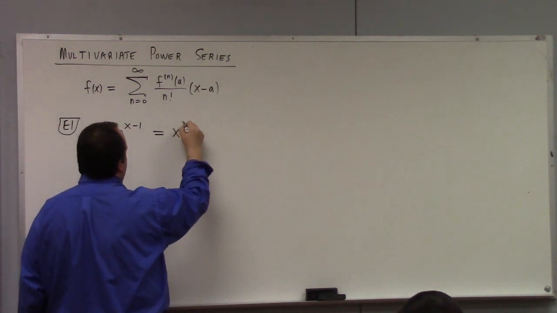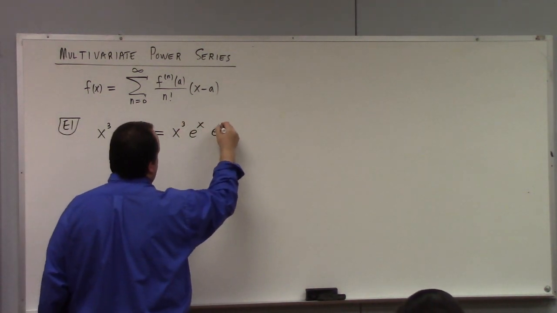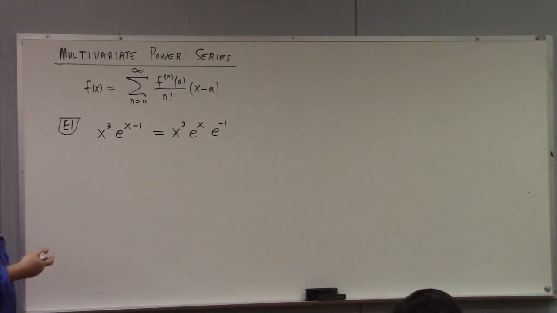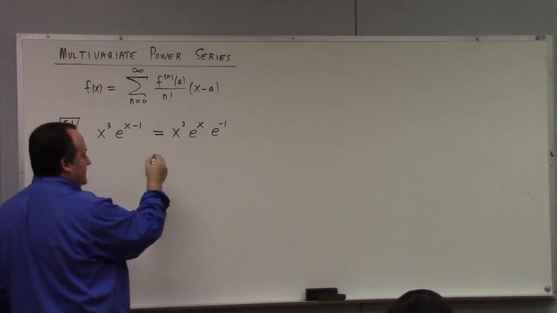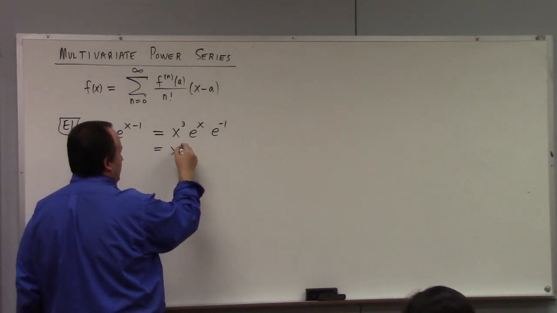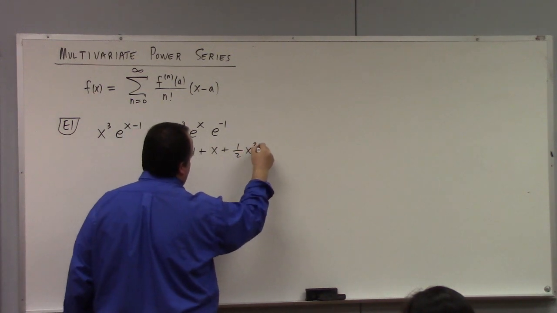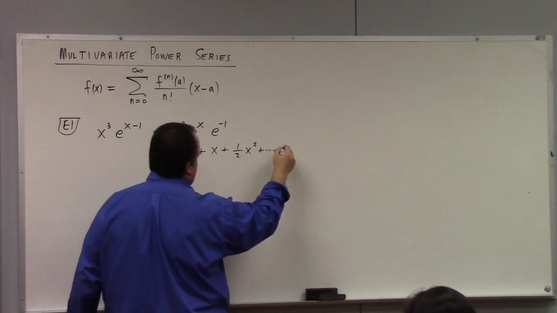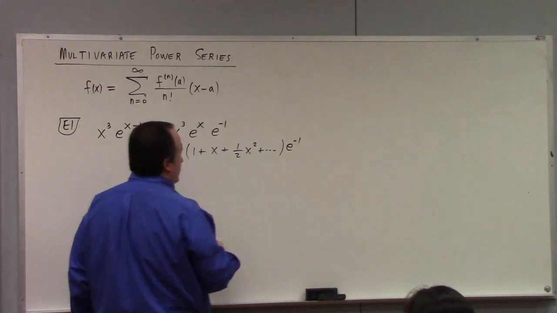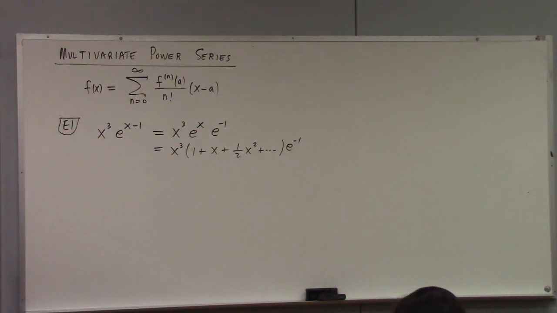So here this is x cubed e to the x times e to the minus 1 by laws of exponents, right? And then I can just use my known Maclaurin series, which is 1 plus x plus 1/2 x squared plus dot dot dot. I'll just stop there for the purposes of our discussion here. And then what's the power series?